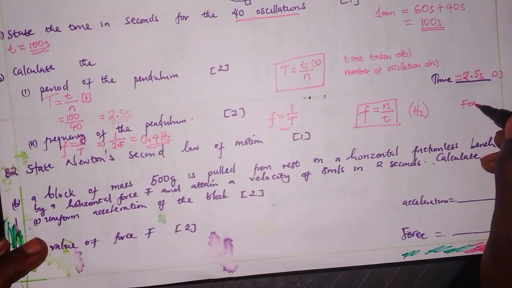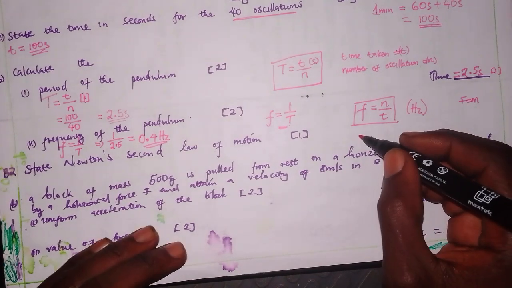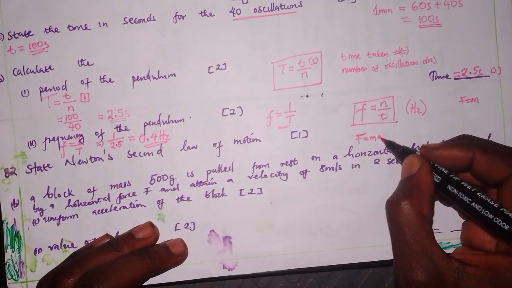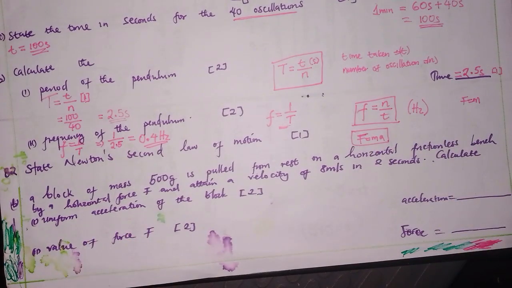In case you forget the definition, or in case you forget the law, you can start by writing the formula first. So you can say force is equal to mass times acceleration. This is what Newton's second law of motion states.